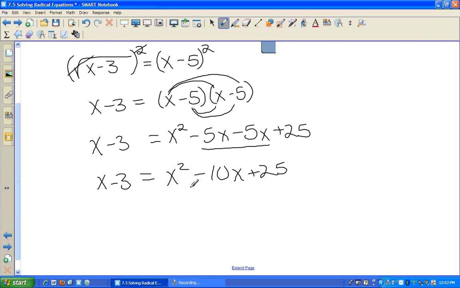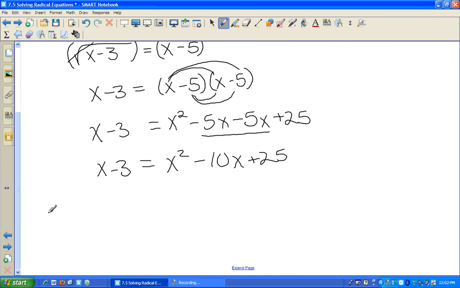I have to remember, I'm still trying to solve for x. So I'm going to get these terms, x and the negative 3, over here so I can set something equal to 0. That will make solving it a whole lot easier. So I'm going to add 3 to both sides, and subtract x at the same step from both sides, leaving me with 0 equals x squared minus 11x plus 28.